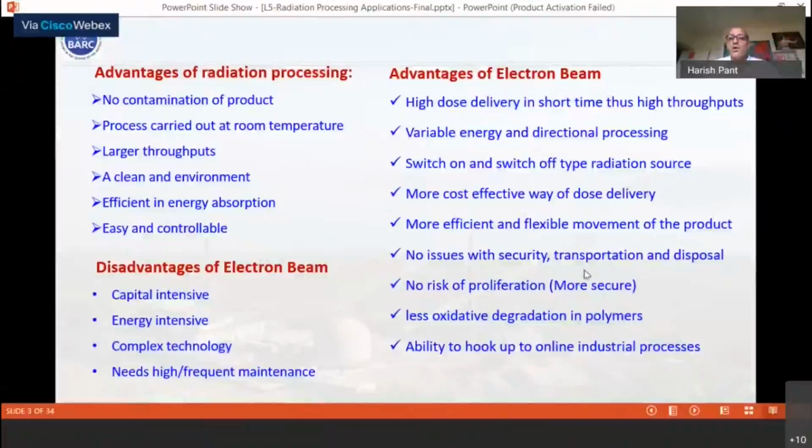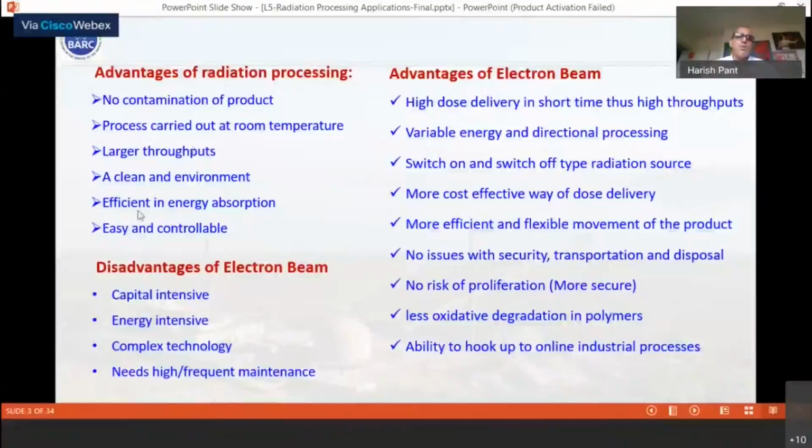There are no issues with security, transportation and disposal. With radiation sources, there is always a fear that somebody may steal the source, or the source has to always be secured, because it is always emitting gamma radiation. But in the case of the electron beam, there are no security, transportation or disposal issues.